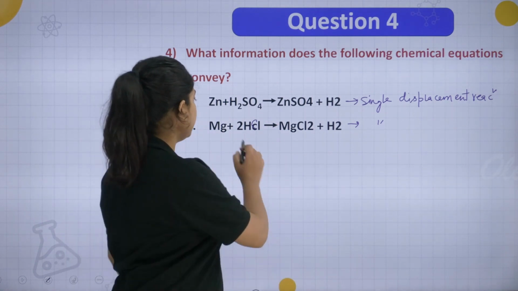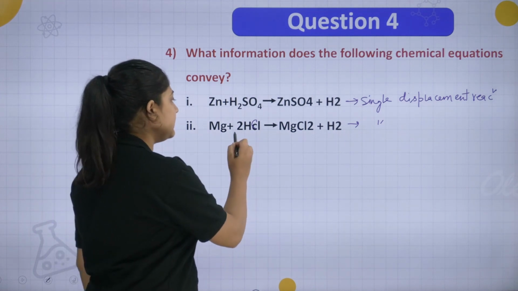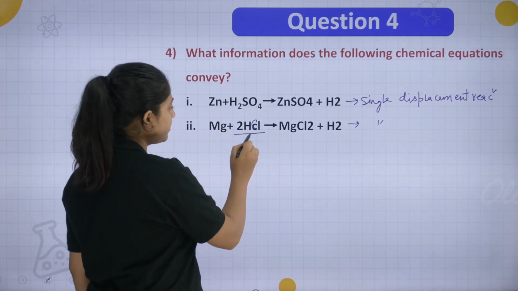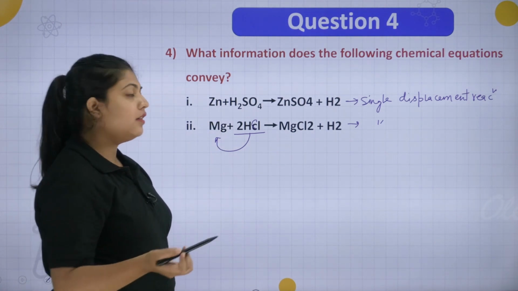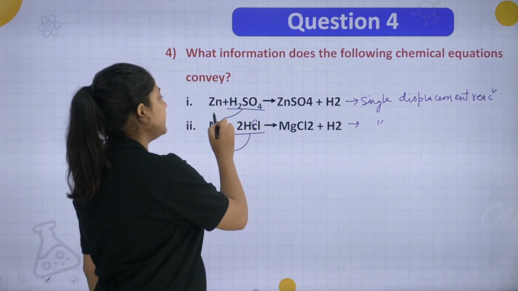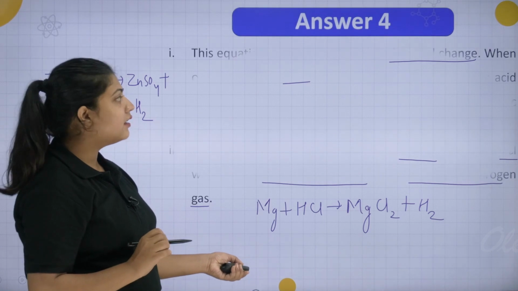You can say that in this particular reaction, the acid is being reacted by the metal, and here also the acid is being reacted by the metal. So these are some of the information that you can get from a given equation.